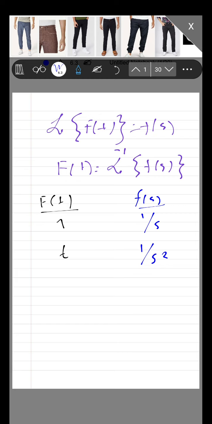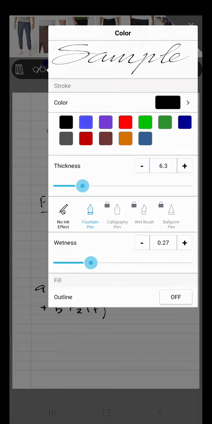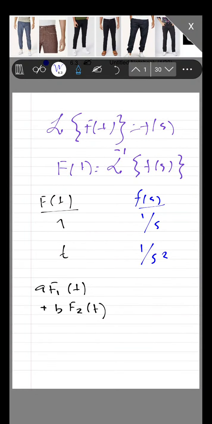Now if there are two functions, let's say we have a into f1(t) plus b into f2(t), then the Laplace transform again will be a into F1(s) plus b into F2(s).